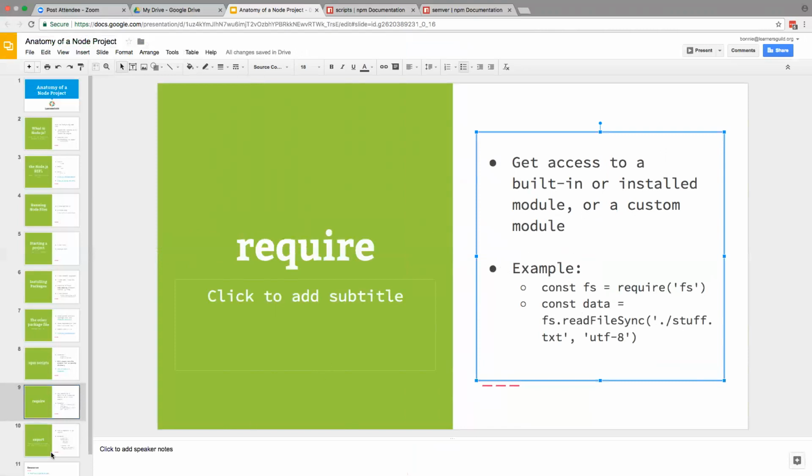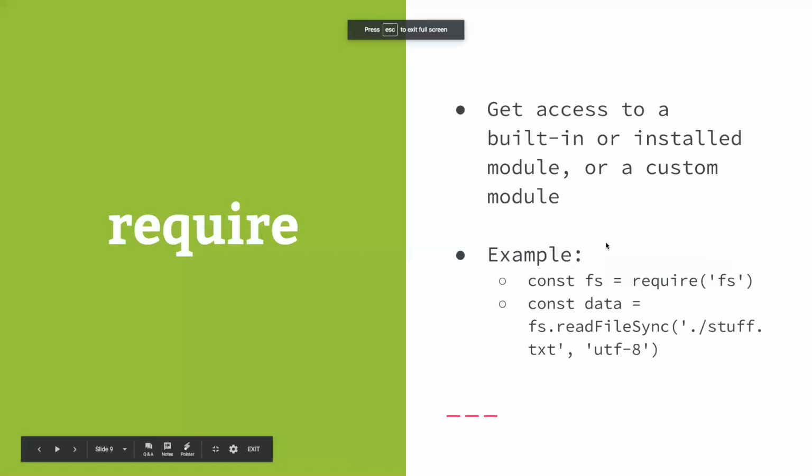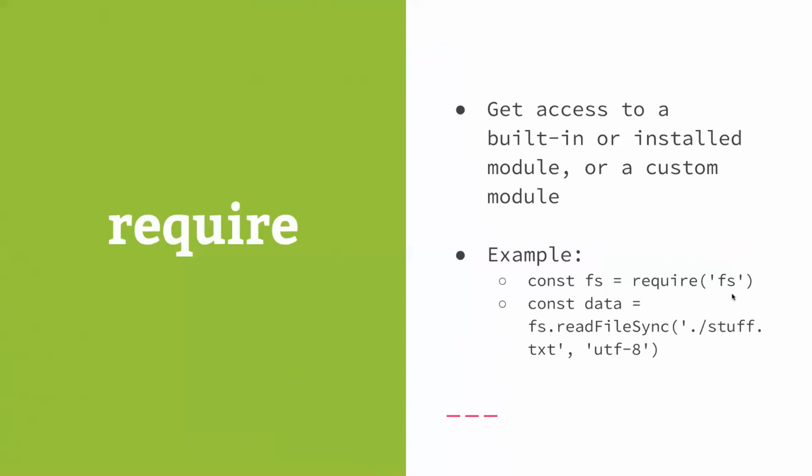I'll talk more about the custom module in the next slide. But you have built-in modules, so for example, fs for file system, that's built in. I do not need to npm install that. I can just use fs without having to install it.